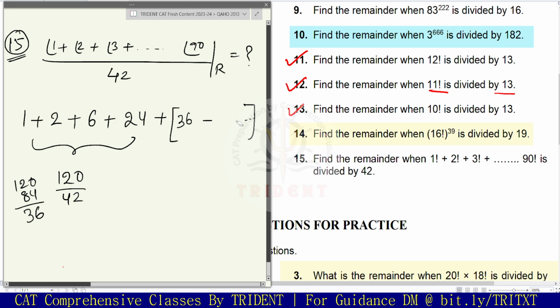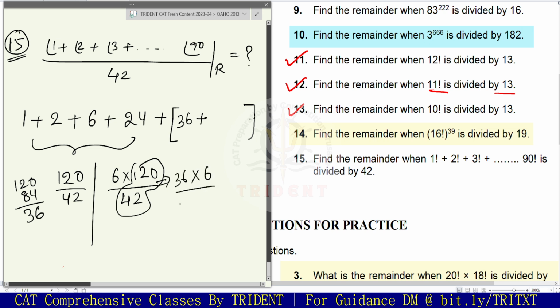What about factorial 6? Factorial 6 is nothing but 6 into 120 by 42. Now I have just calculated this part to be 36, so I can just multiply 36 into 6 by 42. So 6 times 6 is 36, this is 216 by 42. 4 twos are 8, 5 twos are 10, 20, 21.